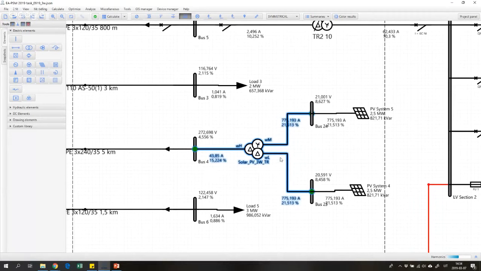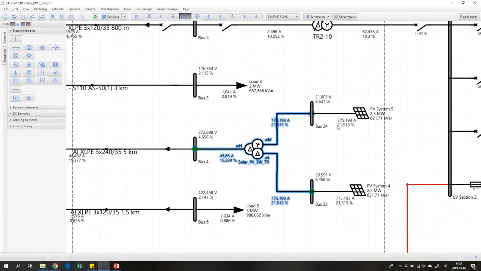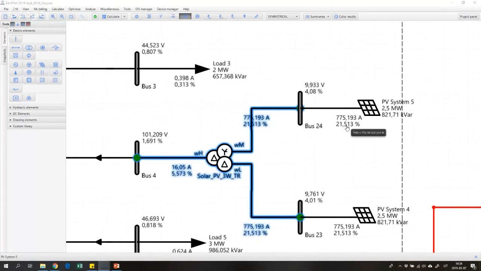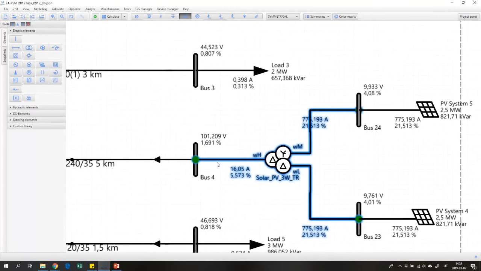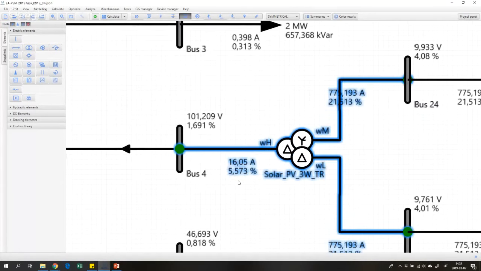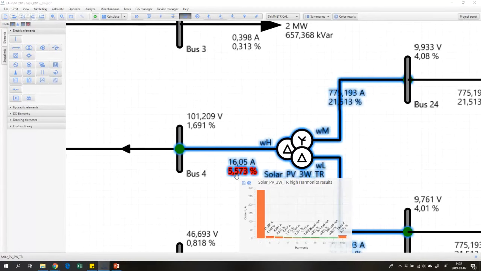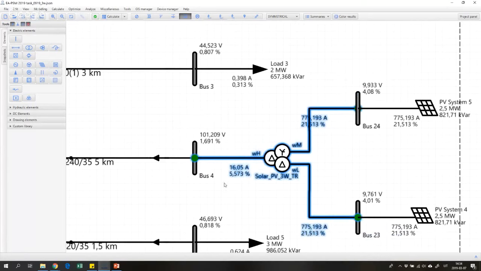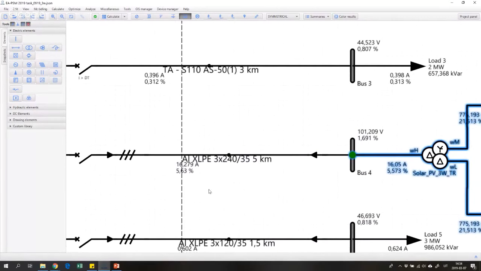We can see that on this side our harmonics are the same, about 22% as in the previous example. However, now if we look at this particular side, our current harmonic distortion is only 5.6%. So it's significantly smaller, almost 4 times smaller.